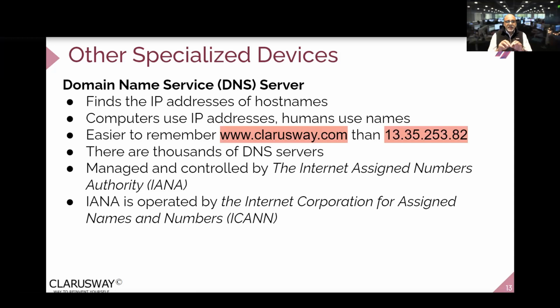The first thing that browser does is it makes a query to a DNS server. It has the address for a DNS server, and it will say, somebody just typed in clarusway.com. Can you tell me which IP address that is? And sometimes it'll get back one, sometimes it'll get back many, depending on the way the DNS server is set up. But you're going to get an IP address.